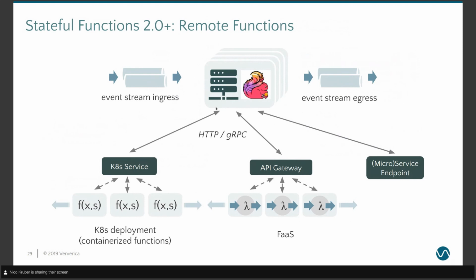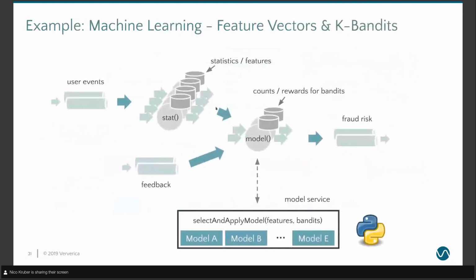It's actually quite neat. And what this enables is something that I want to showcase in this third example: you can include other languages than just Java or Scala. In this example, we wanted to build something that does machine learning via feature vectors in a multi-armed bandits way.